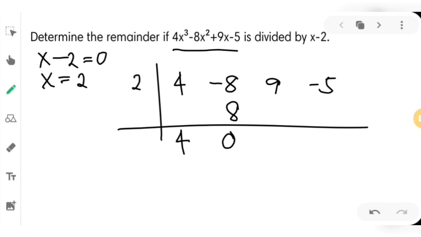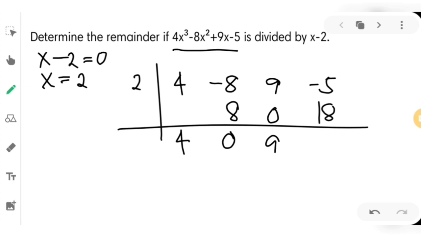Then we are going to multiply 0 to 2. So we have 0. Now any number multiplied to 0 is equal to 0. And then add. 9 plus 0 is 9. Take note, any number added to 0 is equal to that number. Then we are going to multiply 9 to 2. We have 18.